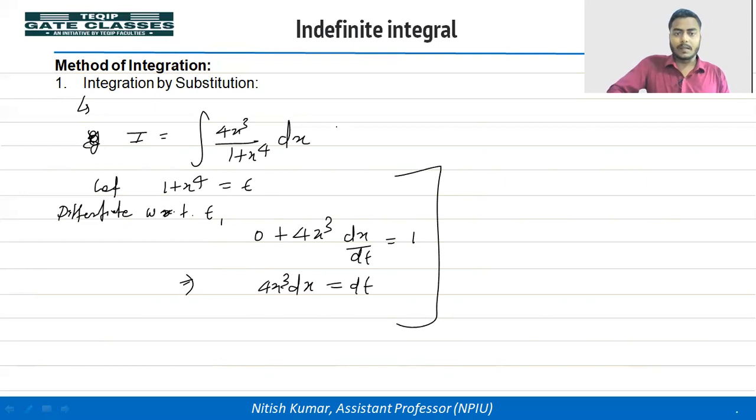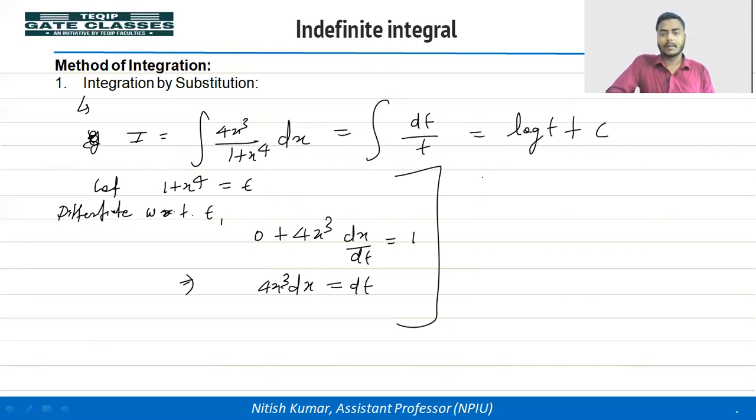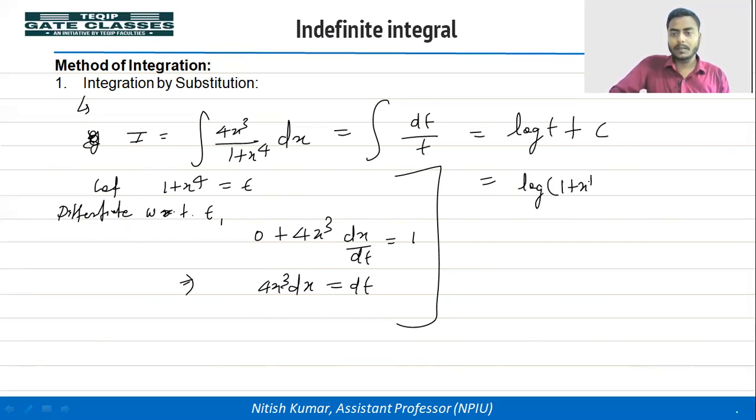Now in this integration, 4x cube dx we can write as dt, divided by 1 plus x to the power 4, which is t. So we can write log t plus c, and t we have assumed as 1 plus x to the power 4, so we can write log of 1 plus x to the power 4 plus c.